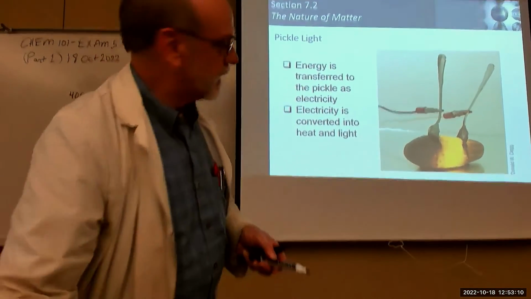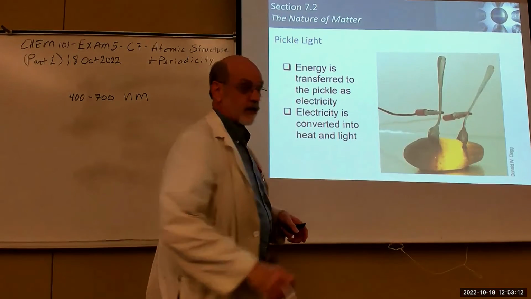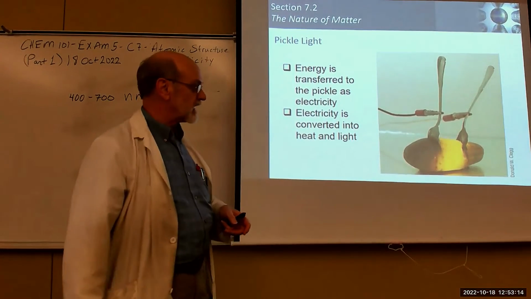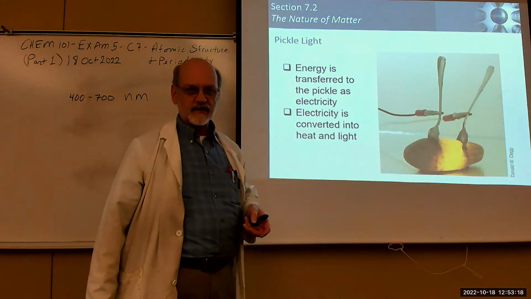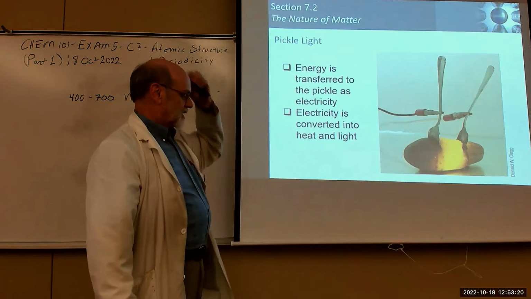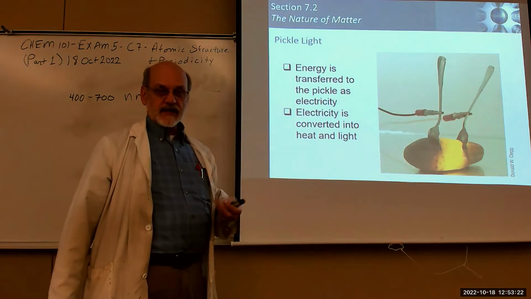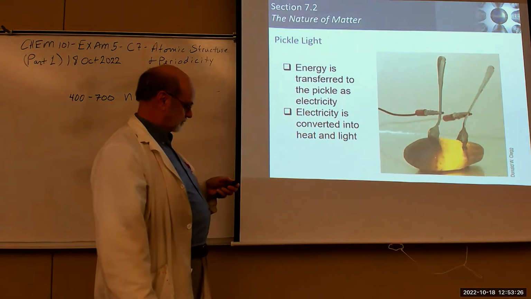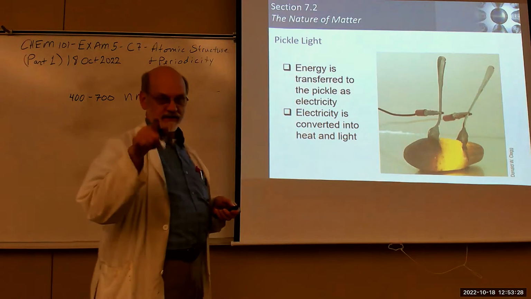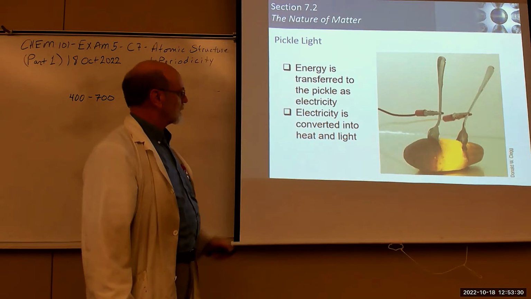So when we put energy into that pickle, it's got to do something. It's got to go somewhere. A lot of it goes into heat, right? So I wouldn't want to eat that pickle after we did anything to it like this. But some of the energy is emitted as light. And we're going to find out why that is in just a few seconds.